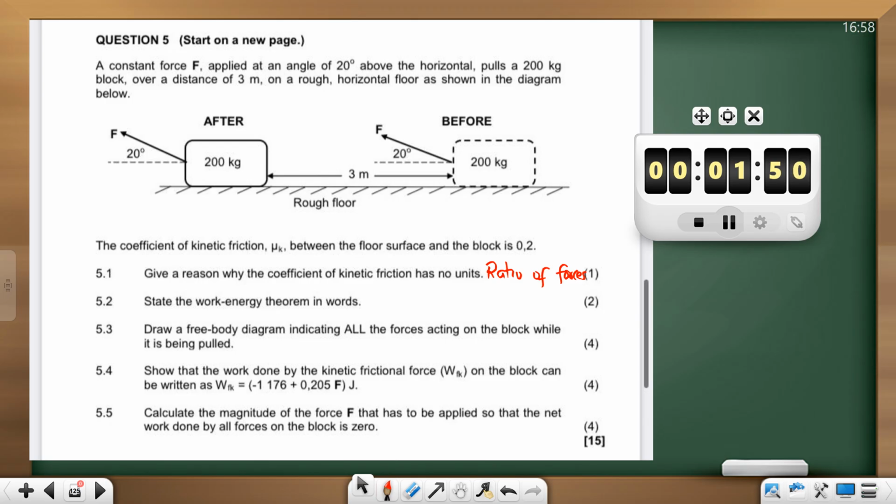W net equals what? You're lying now. Formulas, please.